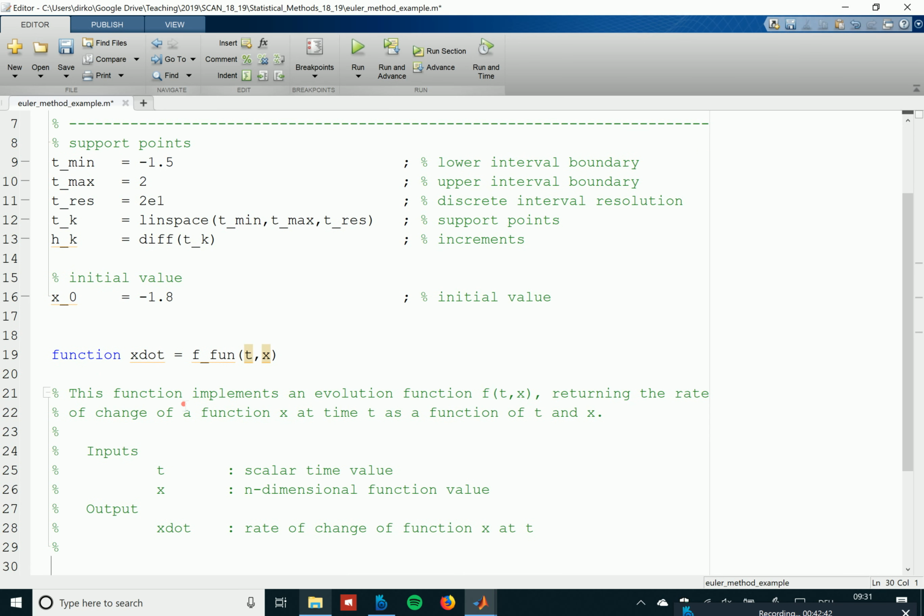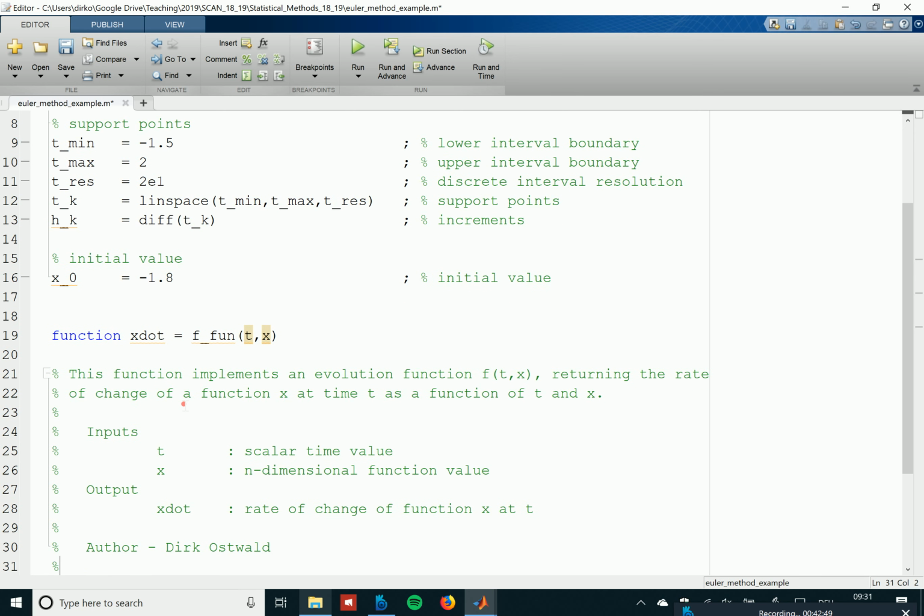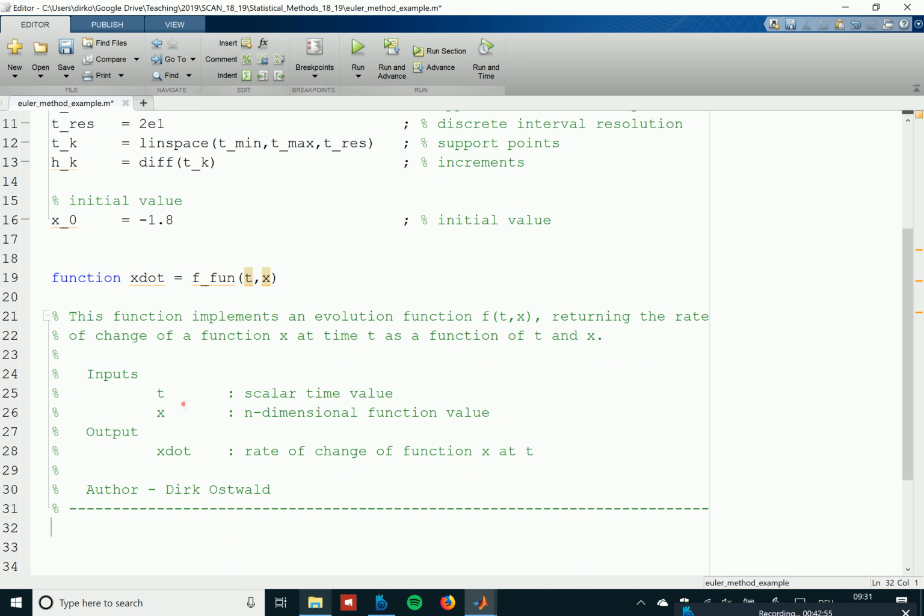And as I said, I'm looking at this other example here.